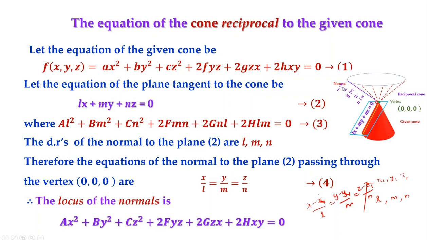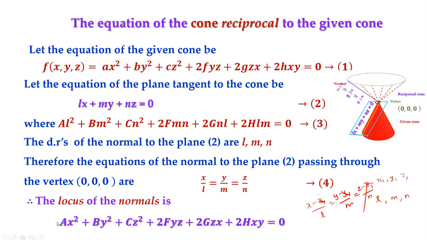So for the locus, if I take this point x1, y1, z1, I can replace it by this, but remember that x1, y1, z1 is replaced by L, M, N, and L, M, N already satisfy this equation. So they can be replaced by x1, y1, z1, and dropping the suffix you get the locus.